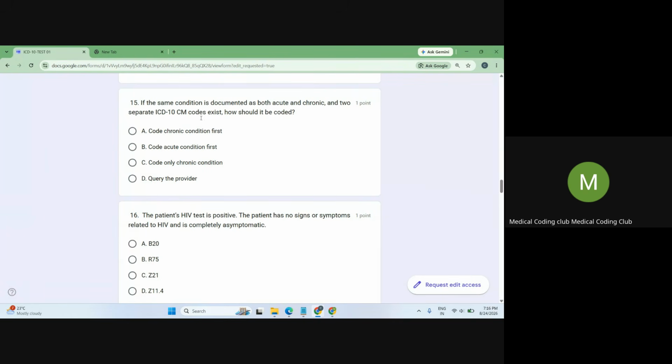In this case, you have a single condition, but for that single condition the doctor has provided details like acute version and chronic version. In this case, you will go and check the category. Do you have a separate code for the acute condition and the chronic condition for the same medical condition? Example.